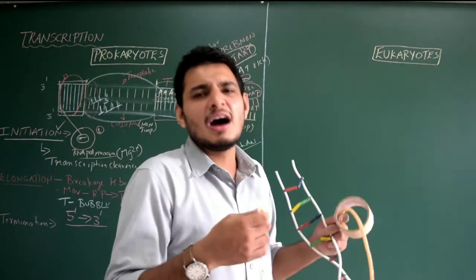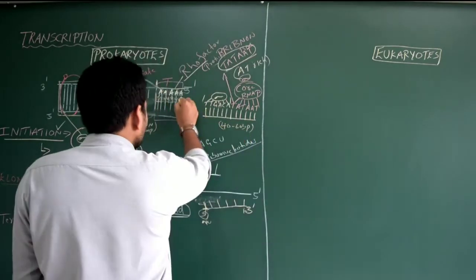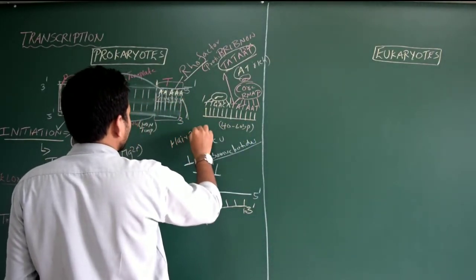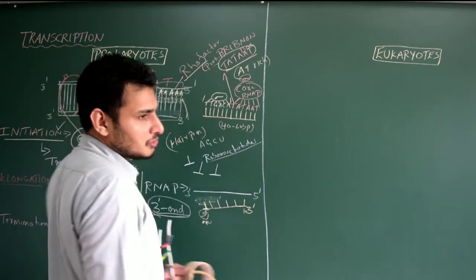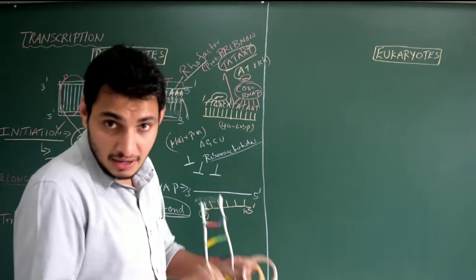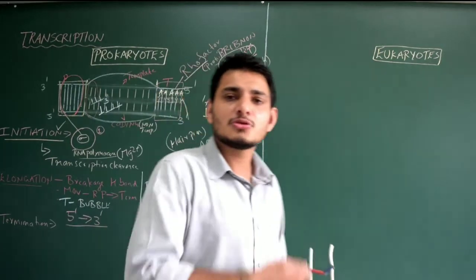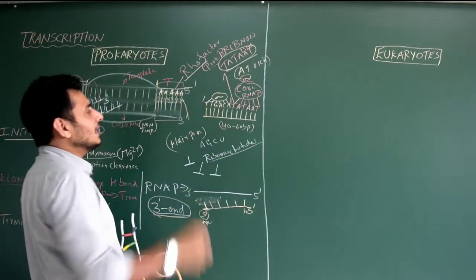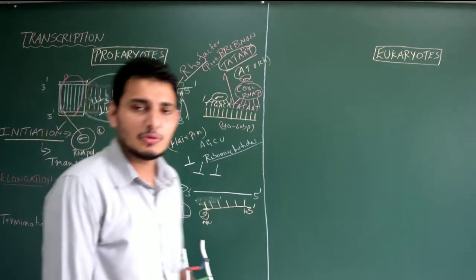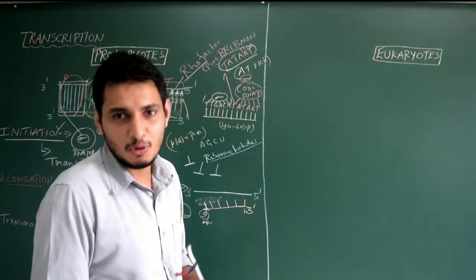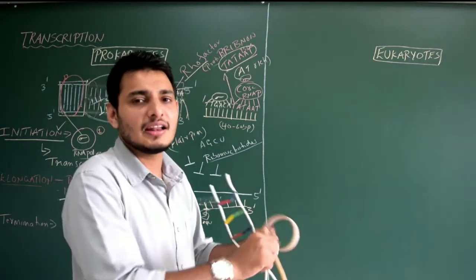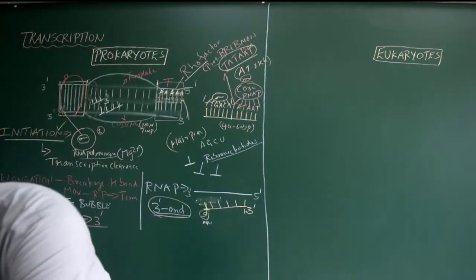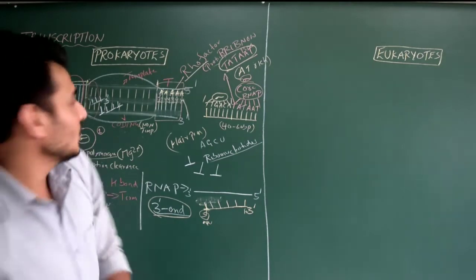This makes them uncomfortable, since many U's are produced, and we can also call it a hairpin. This hairpin is produced within the new RNA, which makes it uncomfortable so that they detach. There are two factors: one is the Rho factor, the other is the many A's within the terminator that will detach the RNA polymerase. Done. So that RNA also gets detached. That's all about prokaryotic transcription.